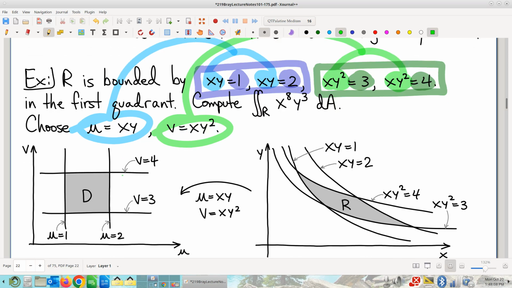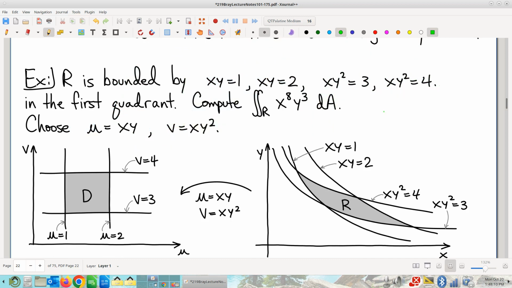Now, with that highlighted, let me clear a path. Let's think about what happens to this curve right here, xy equals 1. Well, wait a second, if u is xy, and if xy is 1, then altogether u is 1.